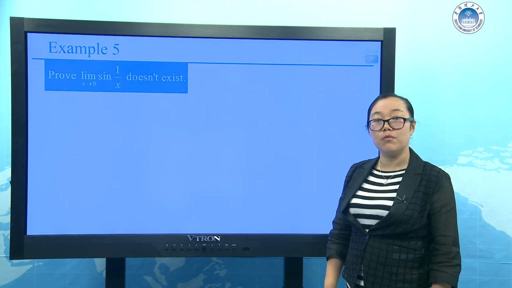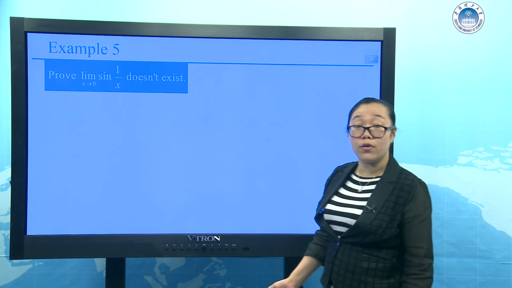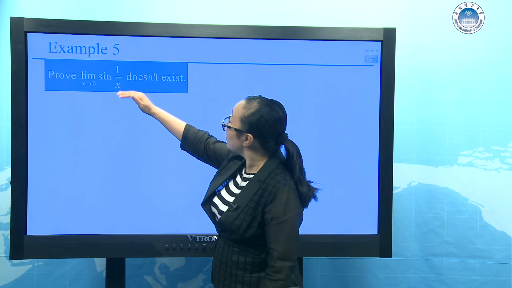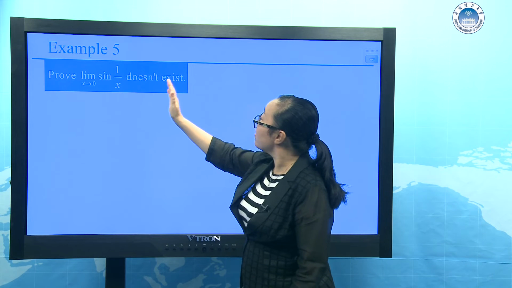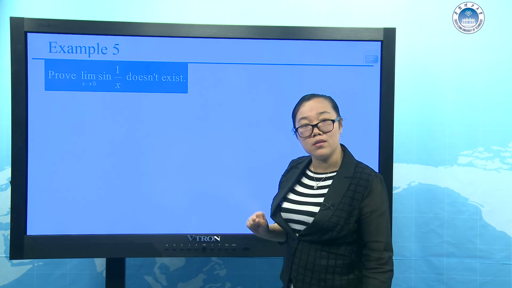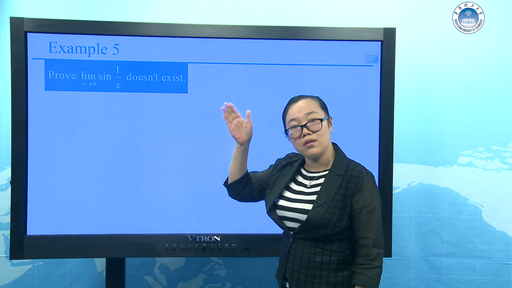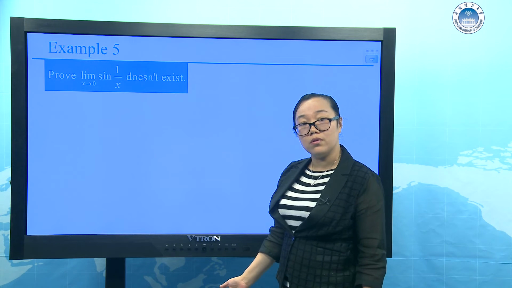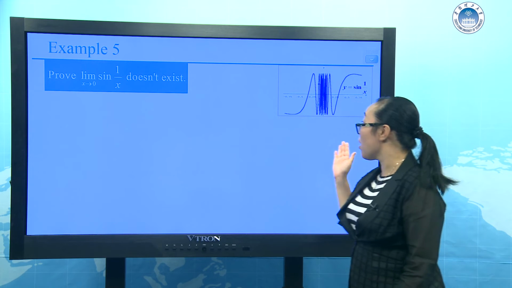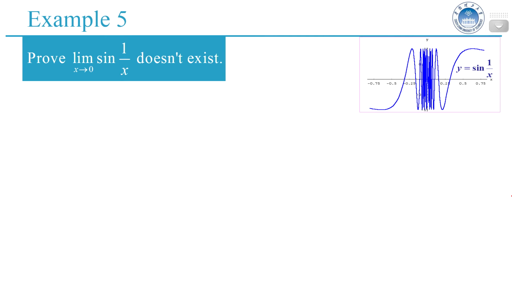Now look at example 5. Another proof question: prove that the limit of sin 1 over x as x tends to 0 doesn't exist. Pay attention to the key words: doesn't exist. This means it does not exist. How to prove? So now we'll look at this figure from some mathematical software. y equals sin 1 over x.